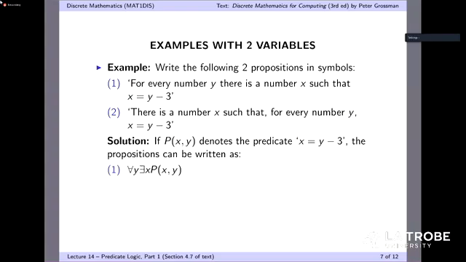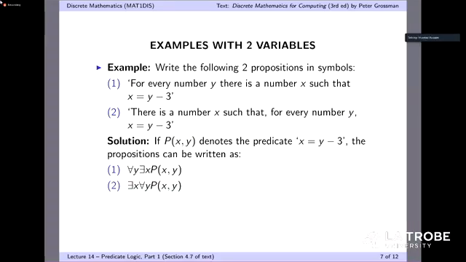The first one, when you say for every number y: for all y, there exists x such that this statement holds. And the second one, you switch them: there exists x such that for every y, that statement holds.